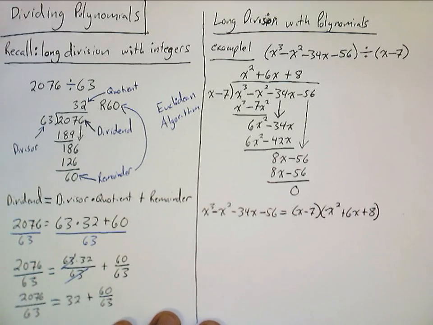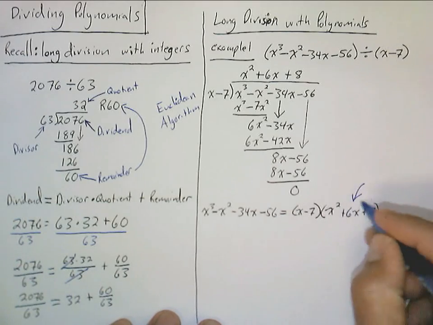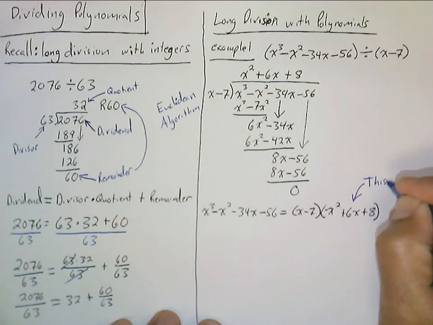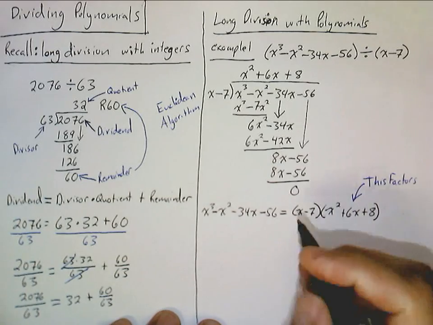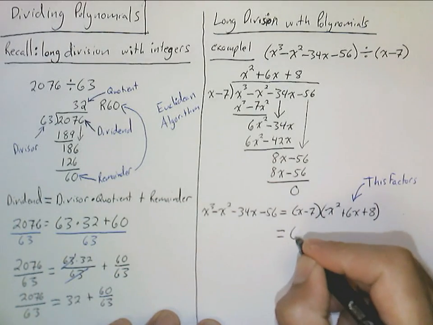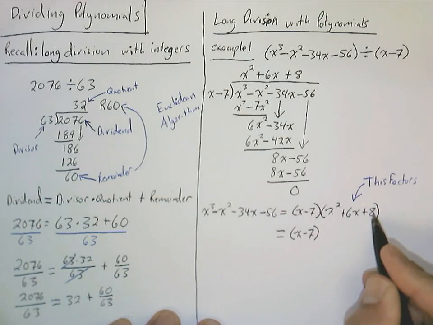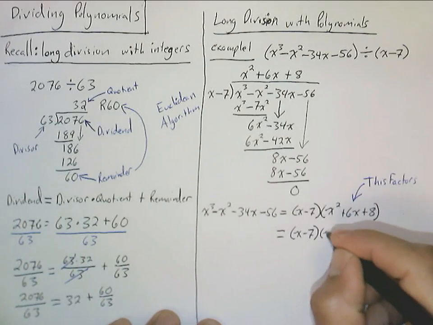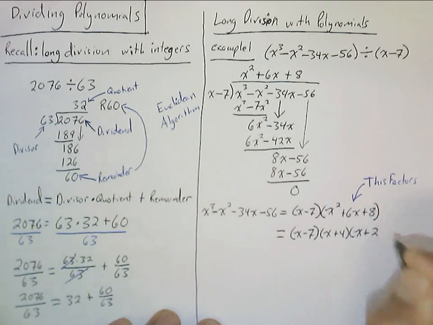And what we might notice is that this resulting polynomial, the quotient, factors. Kind of lucky for us. That's not always going to happen, but in this case it does. And so the whole thing is actually x minus 7 times, well, we need two numbers that multiply together to give us 8, but add together to give us 6. That's, of course, 4 and 2. So that's x plus 4 times x plus 2.